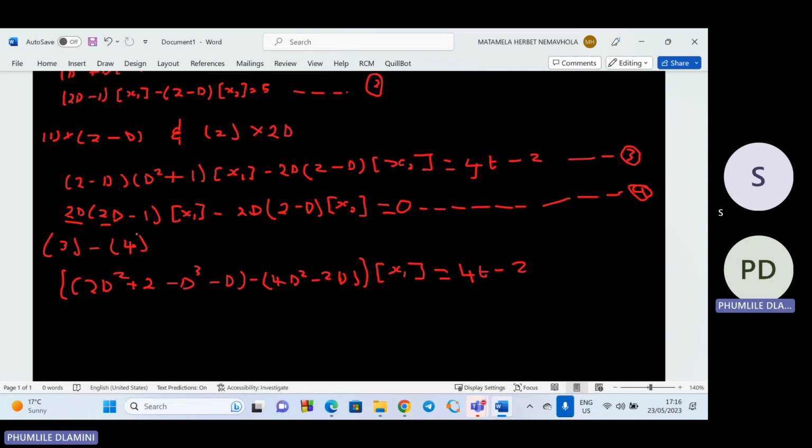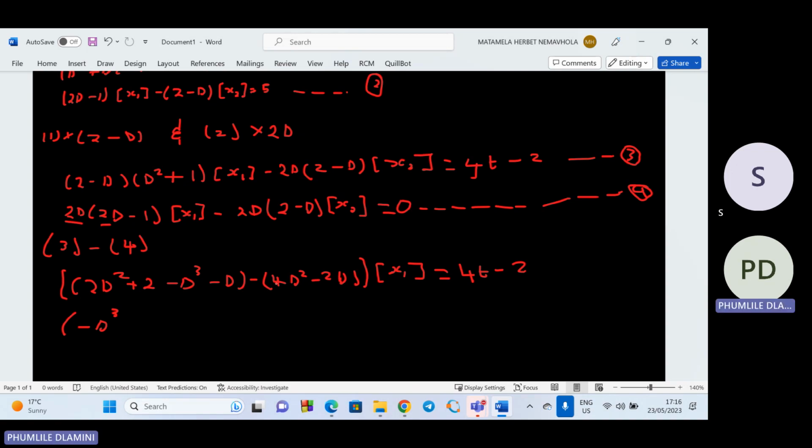Do you get it now? Remember our formula is saying equation 3 minus equation 4. This negative here is this negative here. So 4t minus 2 minus 0 is going to give us this one. Then here we can just group the like terms. When we group the like terms, we will have minus d cubic.